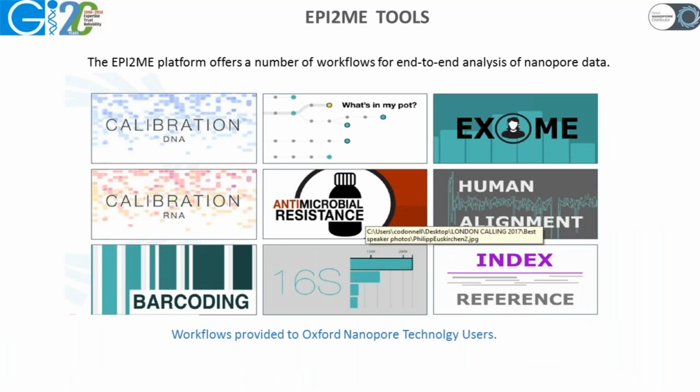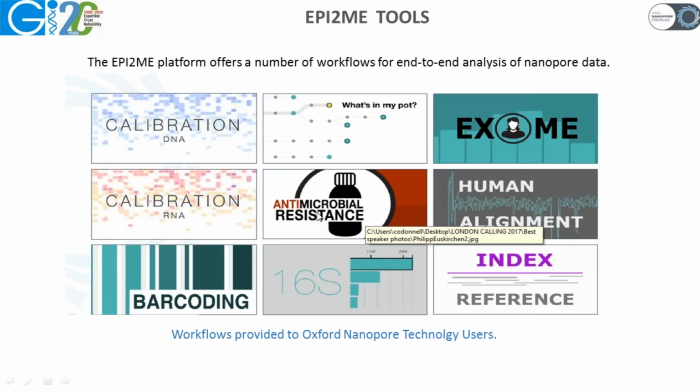The other good thing is that it comes with many tools. For example, these are called EPI2ME tools. This comes with something called What's In My Pot. So if you are doing a metagenome project, you can directly upload the data onto this, and it will analyze the data and give you a phylogenetic tree, donut chart, everything almost in a report format.